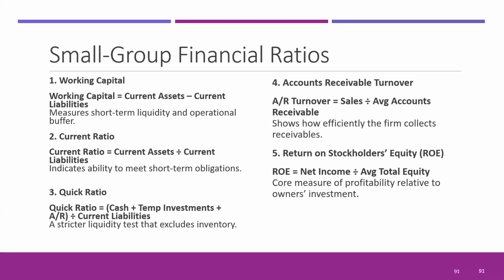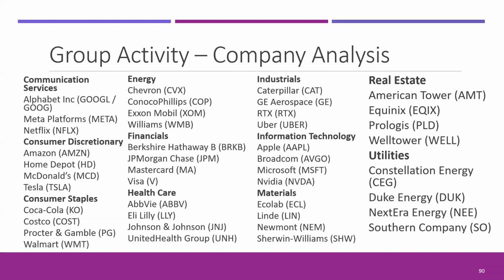Okay, that's perfectly fine. We didn't actually go over anything other than an intro to what this activity will be. You can work with your partners here. They're in the energy industry, so you'll look up any of these four companies here: Chevron, ConocoPhillips, ExxonMobil, Williams.